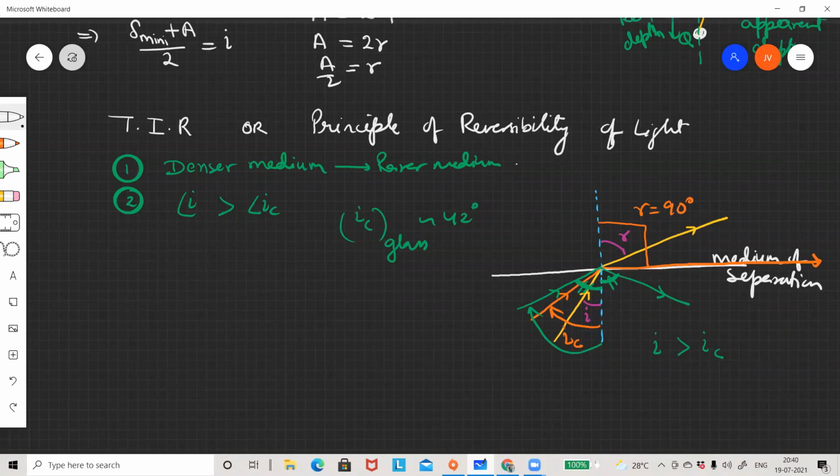What's very interesting is why diamond shines, and there are many reasons. One, its critical angle is 42 degrees. Not necessarily diamond, most glasses have a critical angle of approximately 42.